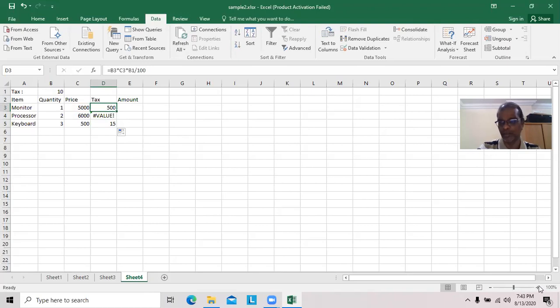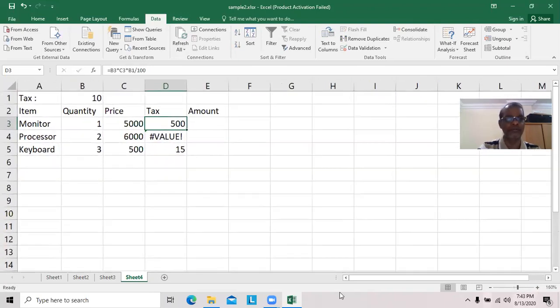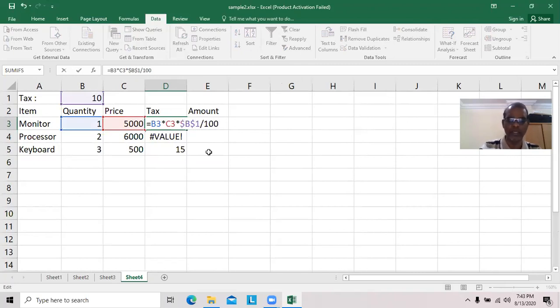Whenever we drag it, it can change to B2, because for each row the tax should be B1. Then we should go for absolute cell reference, dollar as well as dollar. Whenever we drag the formula, this B3 should change to B4, C3 should change to C4, but this B1 should not change.